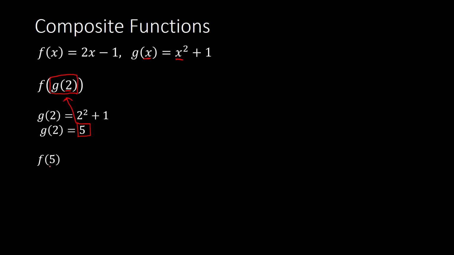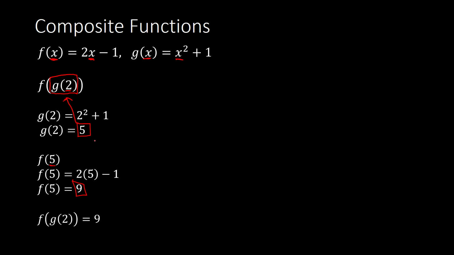And all we do is in place of the x right here, we're going to plug in the 5, and in place of x here, we also plug in a 5. So f of 5 would equal 2 times 5 minus 1, which would be 9. So my solution, f of g of 2, would equal 9 right here.